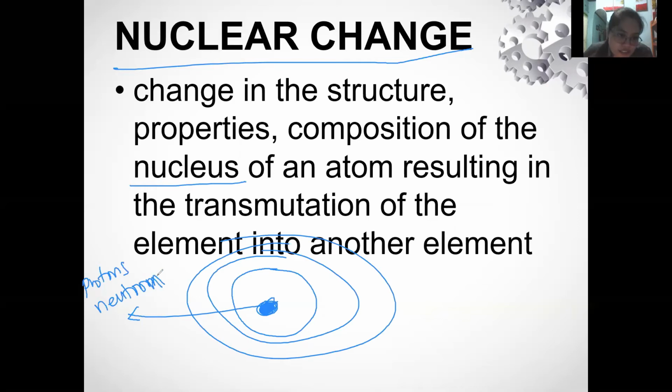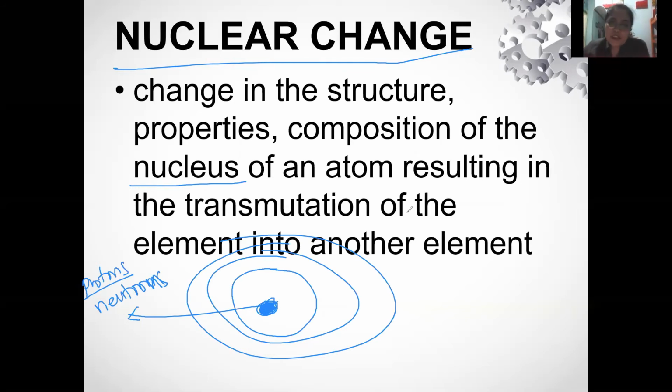So pag nag-change ang proton count, it means bubuo ka ngayon ng bagong element. Therefore, pag sinabi mong nuclear change, from one element, magkakaroon ka ng another element.